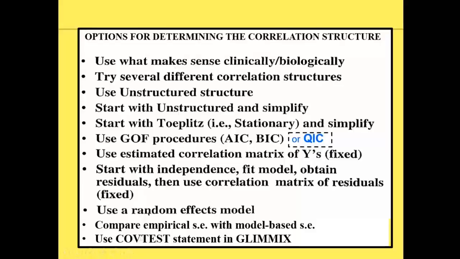Well, that's the second one. But you notice it's not listed second, because there are others. Look at the second one that I've talked about, but the second one on this list is try several different correlation structures. Another approach is, well, there's something that makes sense, but there might be several other choices.